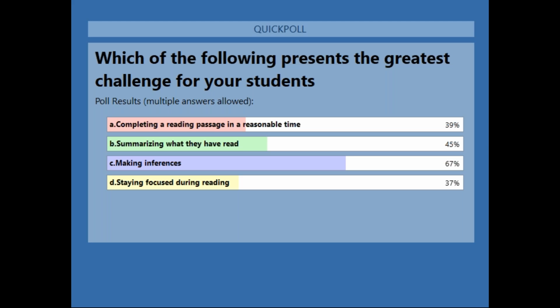But also, summarizing is another one, and just getting through a reading passage. Hopefully today, as we went through and talked about vocabulary and some of the issues in terms of reading rate, that will help. Also being able to stay a little bit more focused. So we have some ideas on that as well.